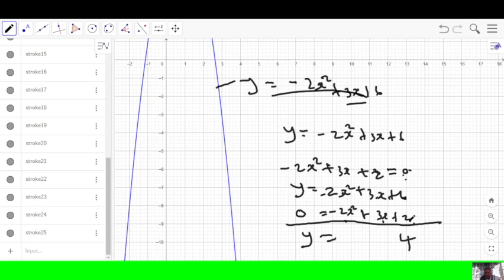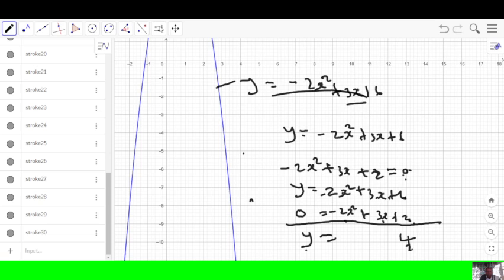So 6 minus 2 is 4. What we are simply saying here is that our value of y is equal to 4. For this equation to be similar to this, we need to add 4.